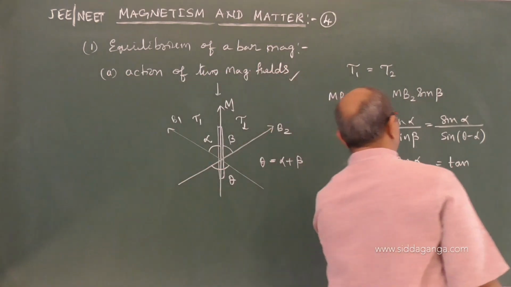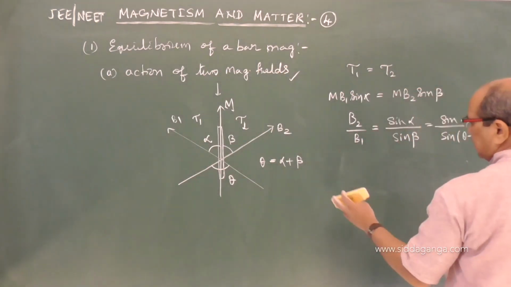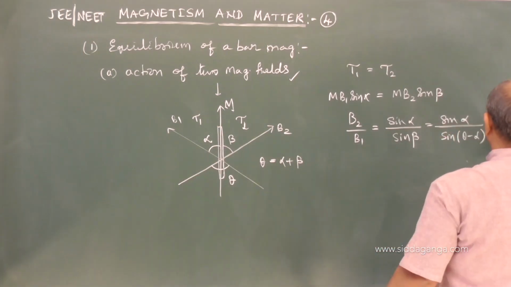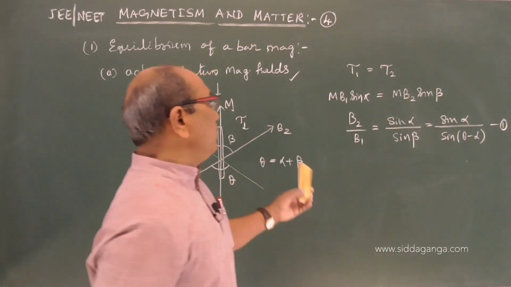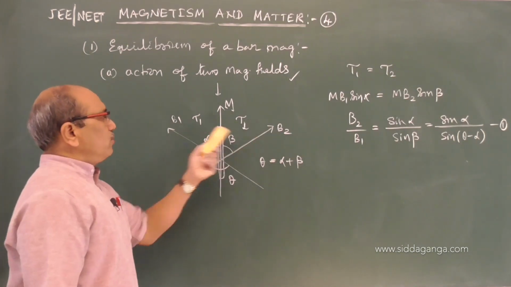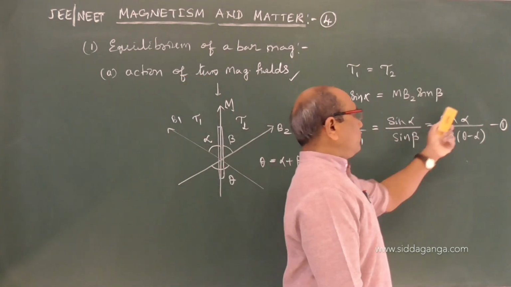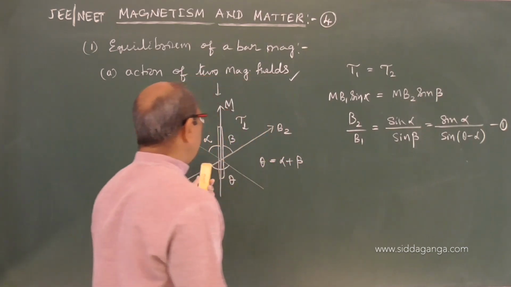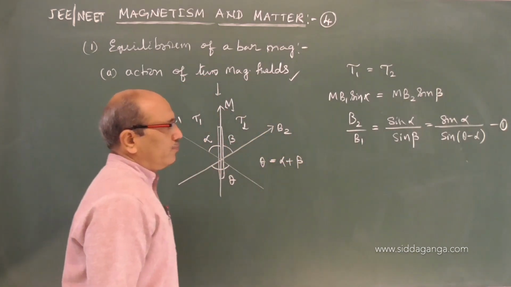I am coming to that condition. So this is the relation we have as 1. How the fields must be, B2 by B1 should satisfy this condition, where theta is the angle between B1 and B2.